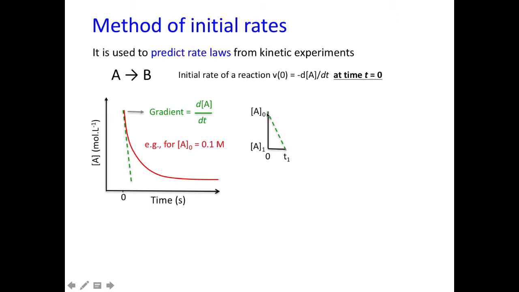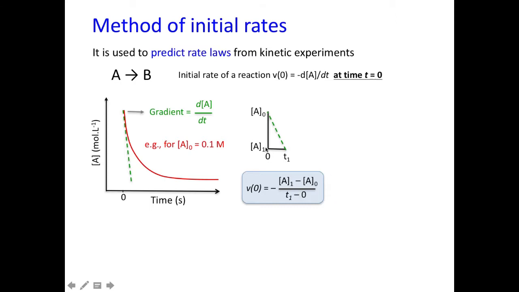So now to get the gradient of this dashed line at this initial part of the curve, we just do V0 is equal to the final concentration at this point, which is A1, minus the initial concentration, which is A0, divided by the final time, which is t1, minus the initial time, which is 0.